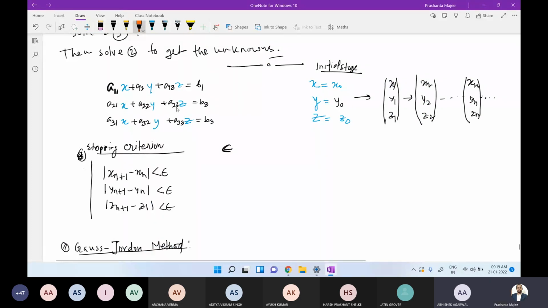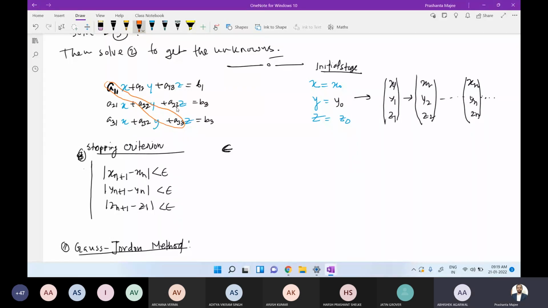These are the diagonal entries A11, A22, A33. Suppose they are all non-zero. If any one diagonal entry becomes zero, then what will you do to make it non-zero? What will you do to the system of equations? What will be the order of the equation?